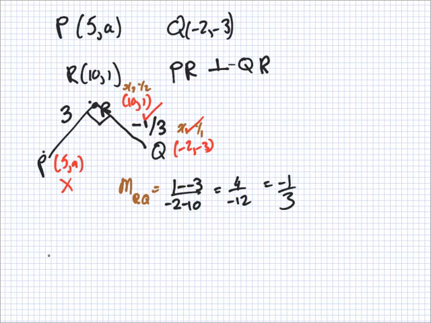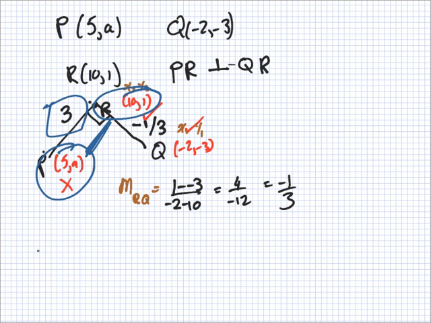So that means, if I was to look at the slope between those 2 points, it should equal 3. So I can say 1 minus A over 10 minus 5, that should equal 3.